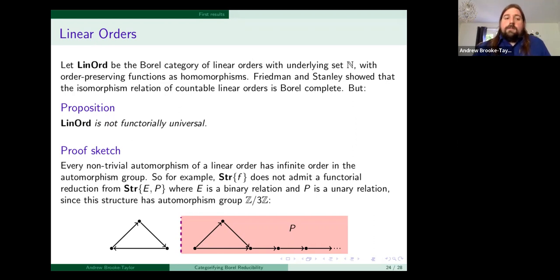So to show that linear orders is not functorially universal, it suffices to come up with some structure with a finite automorphism group. So here's one with automorphism group Z mod 3. I could have used the same example as before with S3.